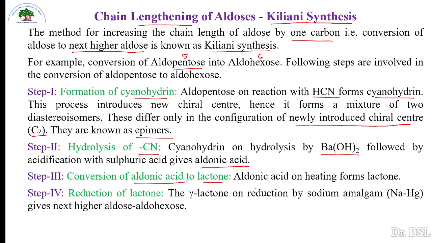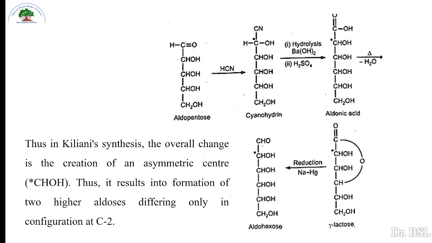Aldonic acid on heating forms lactone. And the last step, that is step four, is reduction of lactone. The gamma lactone on reduction by sodium amalgam, NaHg, gives the next higher aldose, that is, aldohexose containing one carbon more.